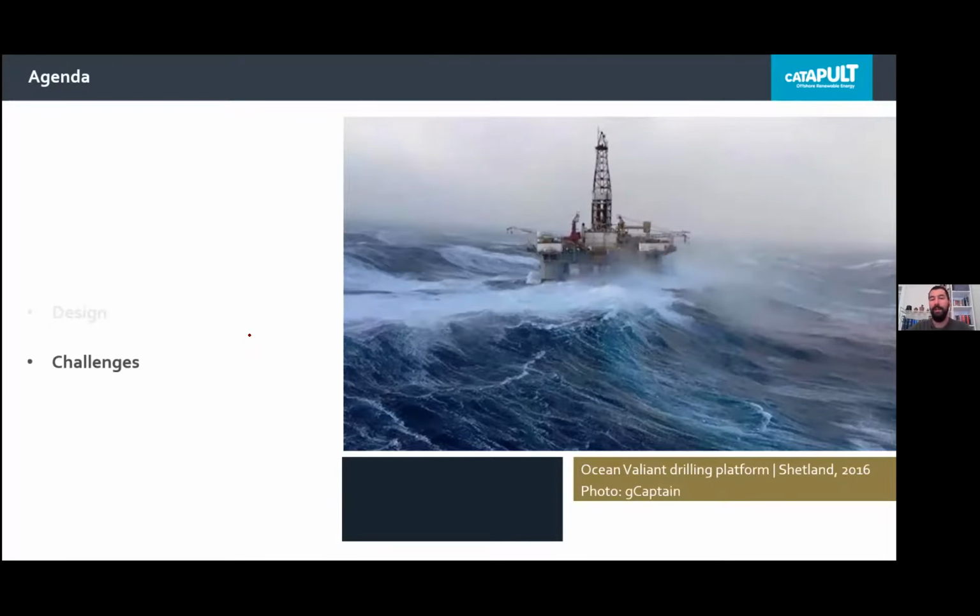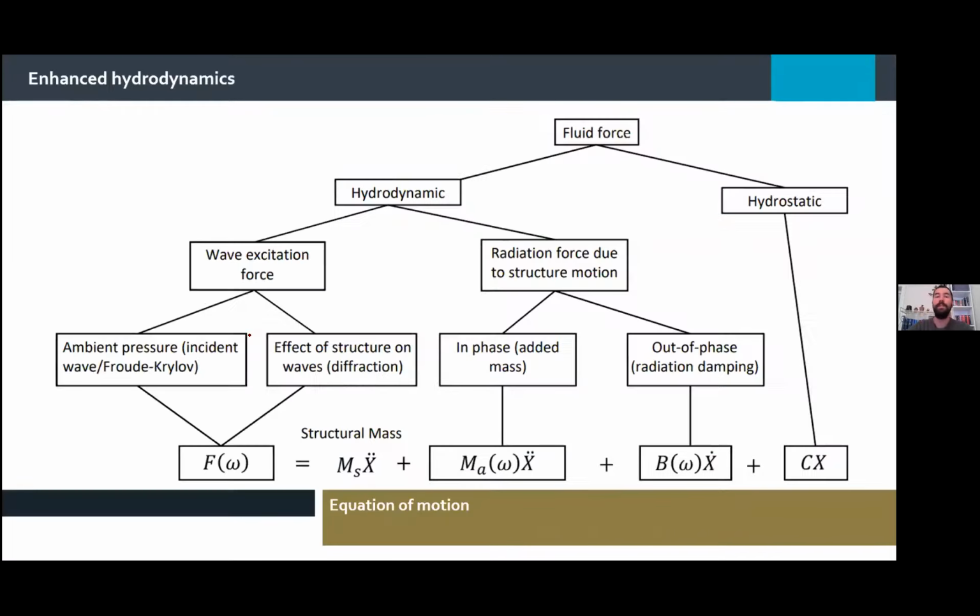Let's look at some hydrodynamic-based challenges that TLPs and other floating wind turbine designs have to withstand. So as we all know in this session, hydrodynamic forces are broken down between what the wave exerts on the structure and what the structure exerts on the fluid.